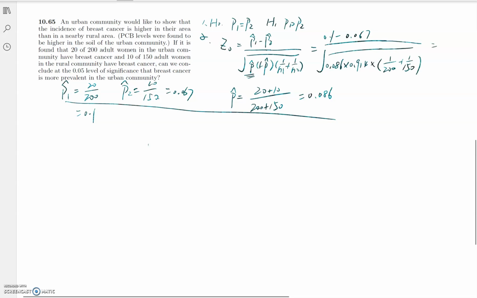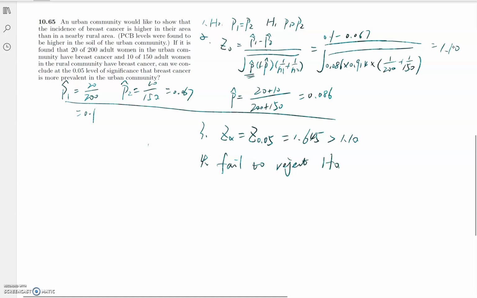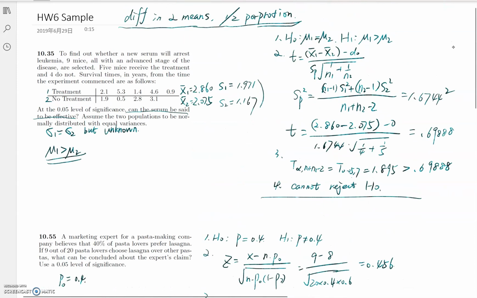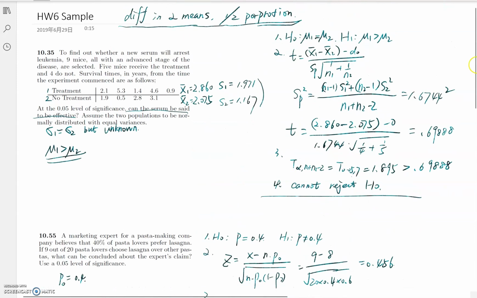So this equals 10, and then we get Z alpha, which is z 0.05, that's 1.645. This is greater than 1.10. So we conclude that we fail to reject H0. Okay, so that's a problem about differences in two means and proportions.